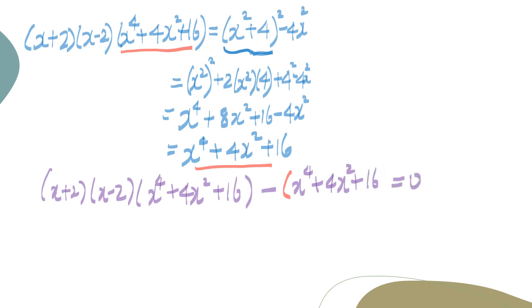Right, so if you want to do algebraic manipulation well, then you have to pay a lot of respect to brackets and to the sign. Okay, the next step is I'm going to factorize x to the power of 4, because that is the common factor. So what I'm left is this.